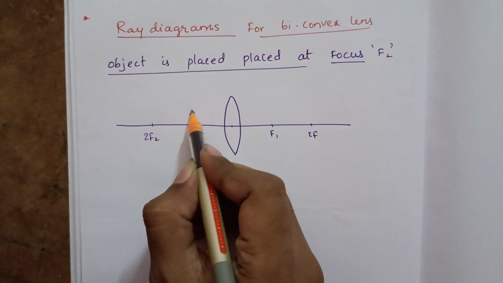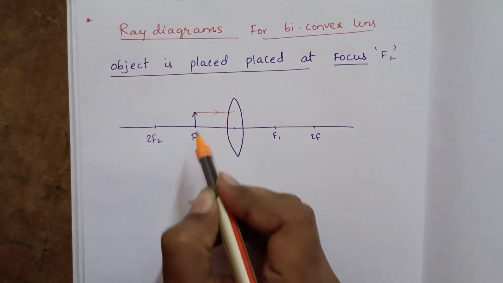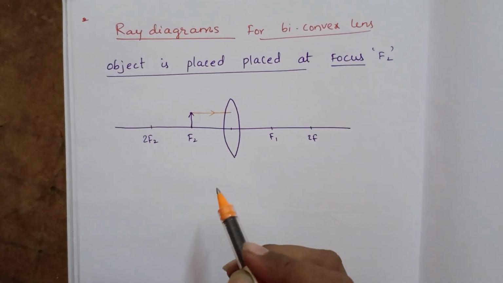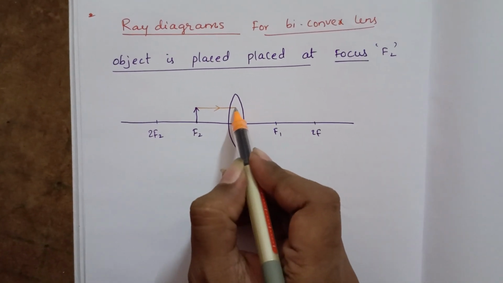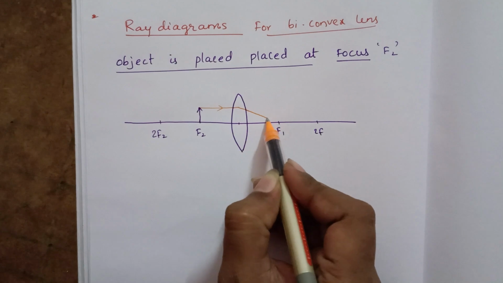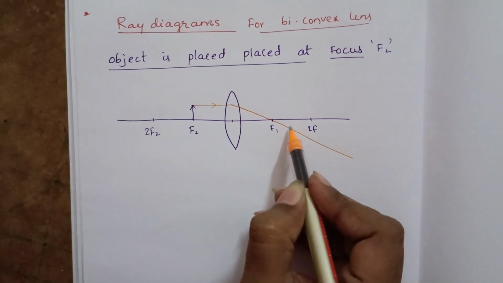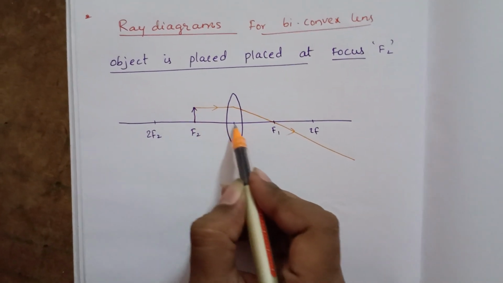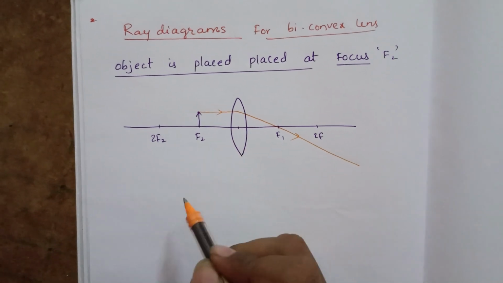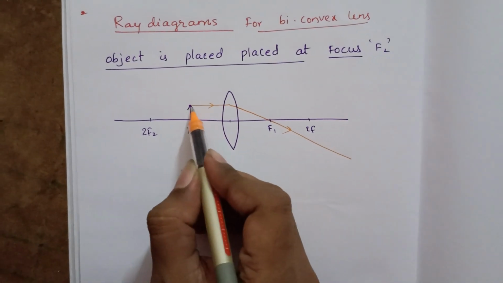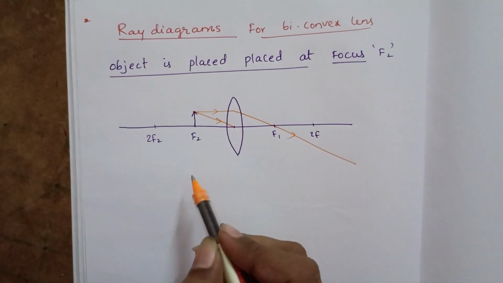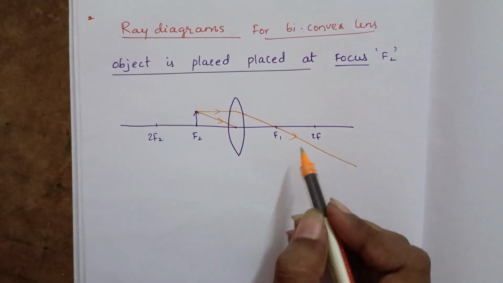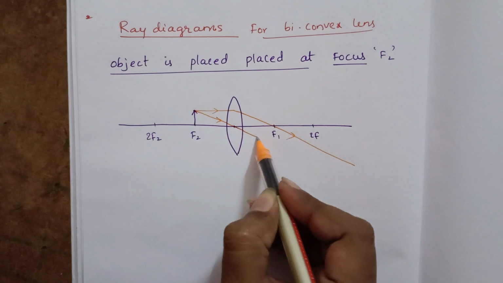One is passing parallel to the principal axis. The ray which is passing parallel to the principal axis, after refraction, passes through focus. Another ray I am taking passing through optic center. The ray which is passing through optic center will travel without any deviation.